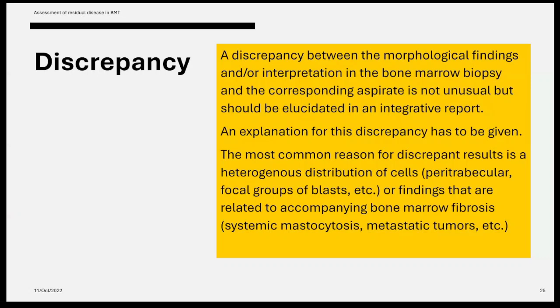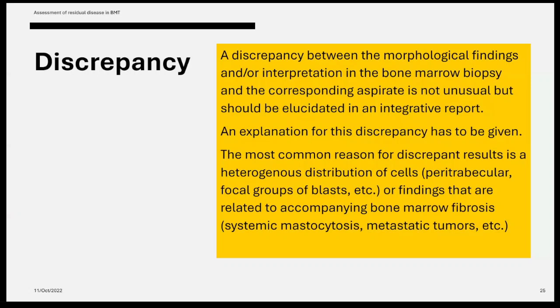So the most common reason for a discrepant result is a heterogeneous distribution of cells, peritrabecular focal growth of blasts, for example, or findings related to accompanying bone marrow fibrosis.